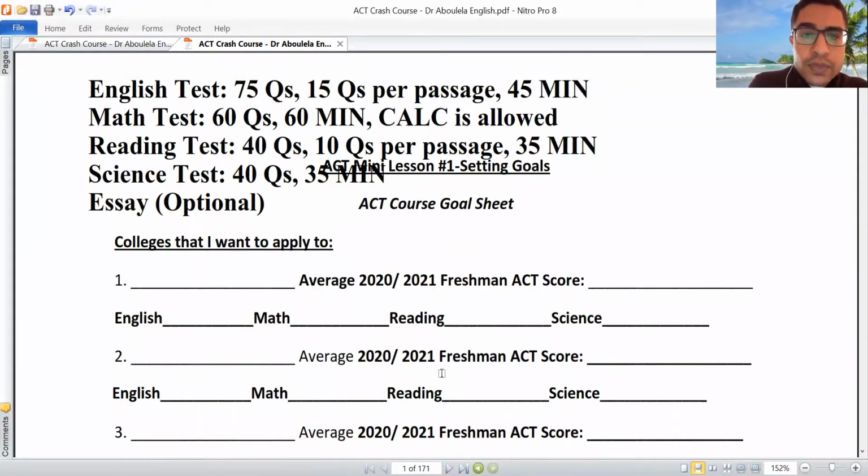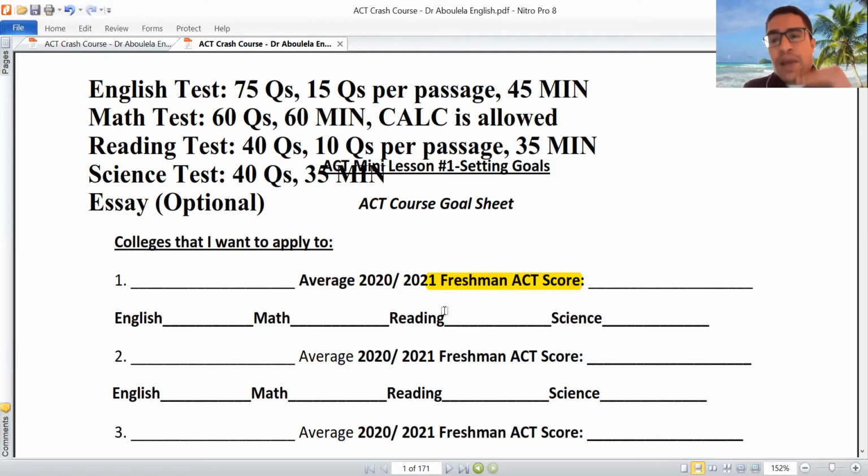You have to decide the colleges that you want to apply to, and think about their average 2020-2021 freshman ACT score in English, math, reading, and science. In every space here, you write down the college or school you want to apply for, and then decide the cutoff score.